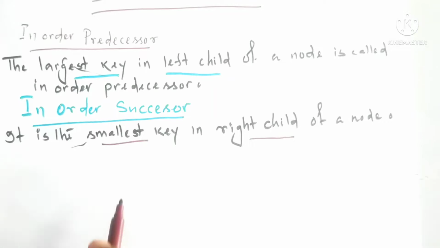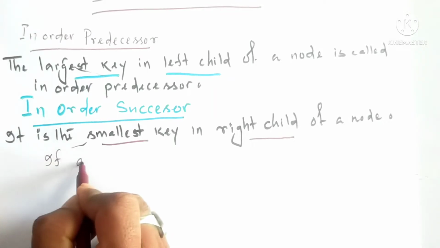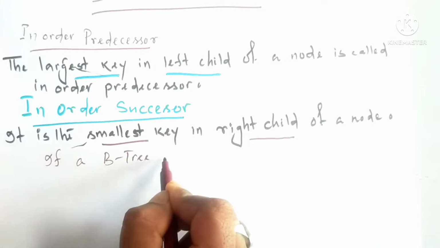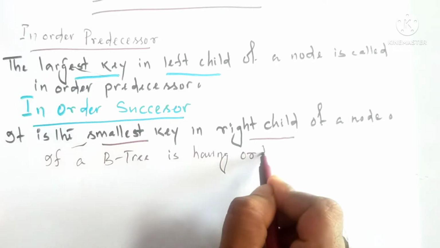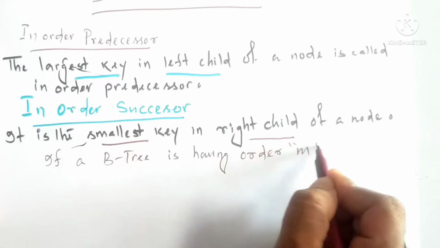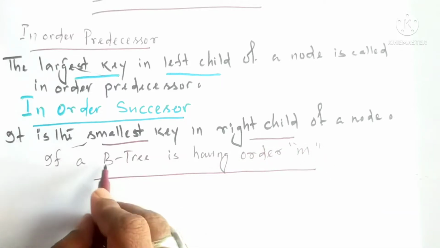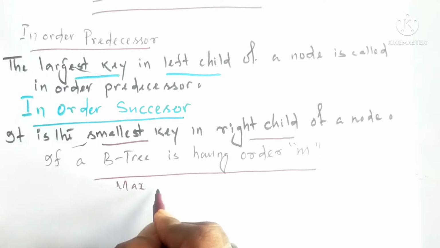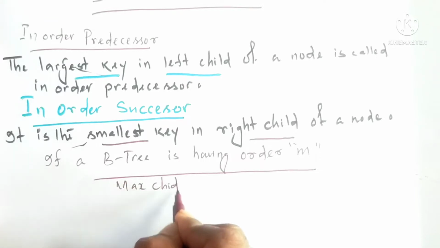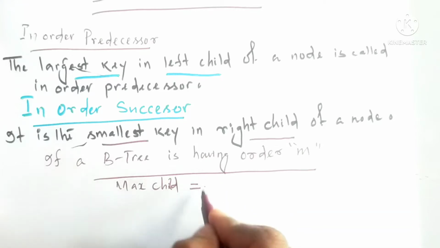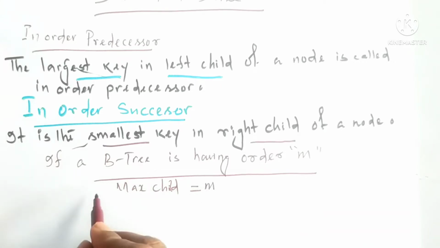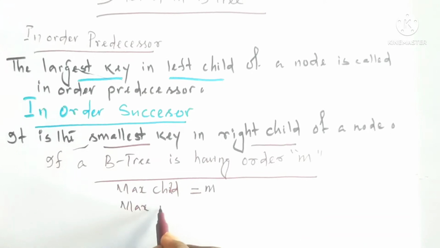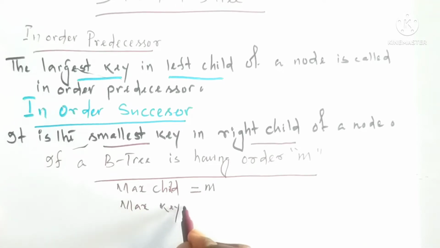And if a B tree has order m, then the maximum number of children will be m. The maximum number of keys in each node will be m minus 1.